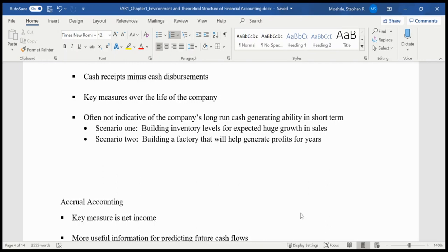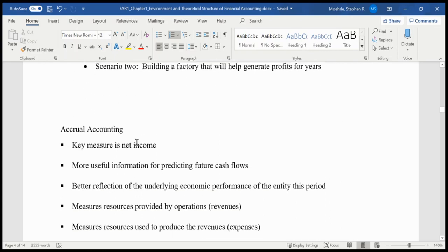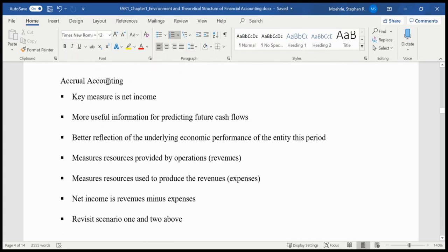Accrual accounting is going to account for those issues. The key measure in accrual accounting is net income. Remember, the key measure in cash basis accounting was the net cash flow. Accrual accounting is going to be more useful information for predicting future cash flows.